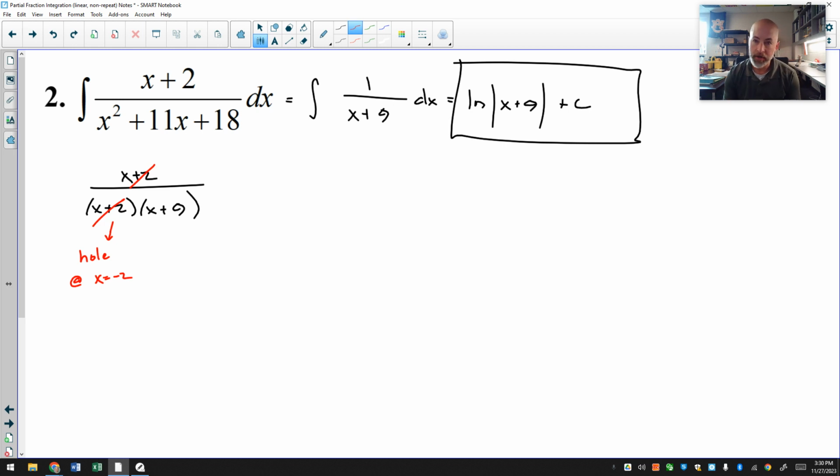If this were a definite integral, that hole might come into play. I don't know. Really, an indefinite integral, it still wouldn't have even mattered because it's just a hole. It's not an asymptote. But any time you make cancels or you change your equation like that, just keep in mind any potential domain issues that are created. It really doesn't matter here. I just wanted to remind you that certain things like that do exist.